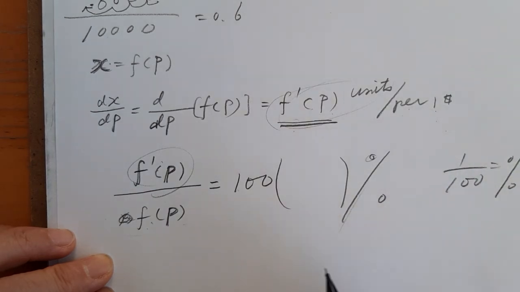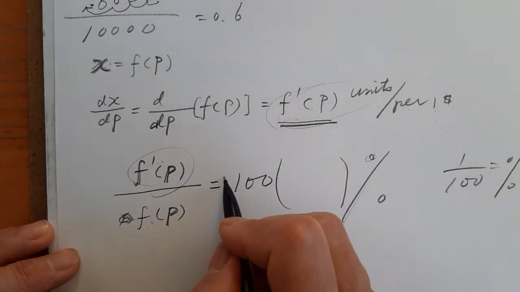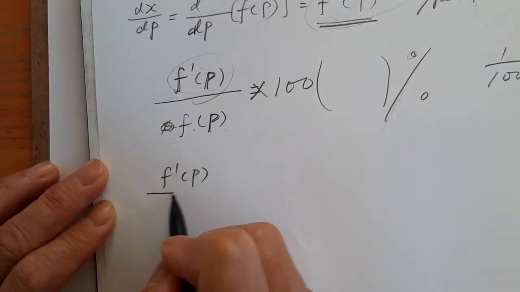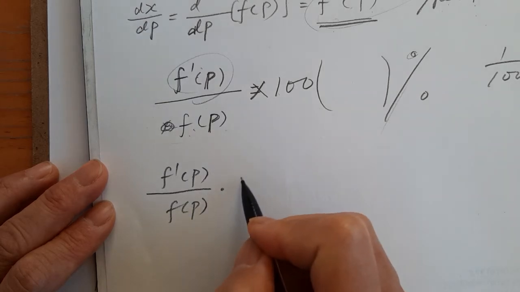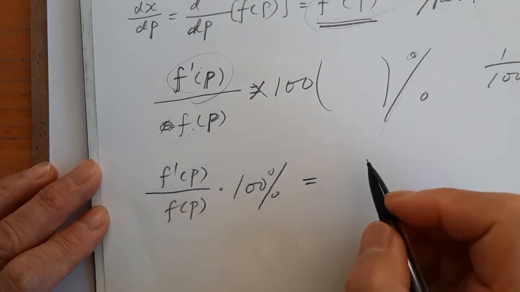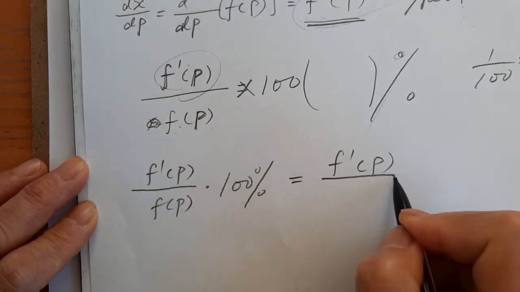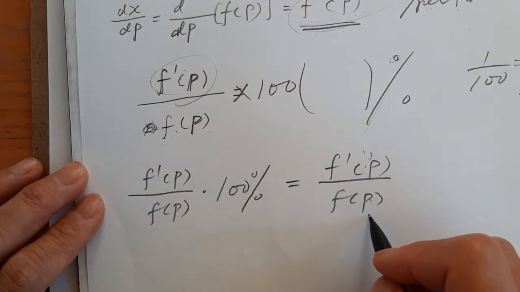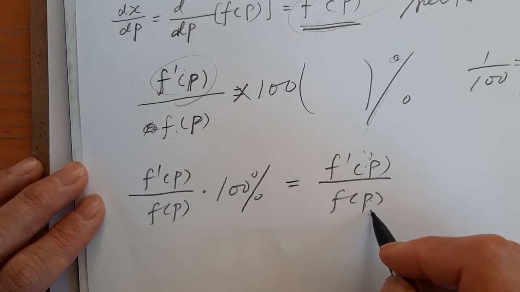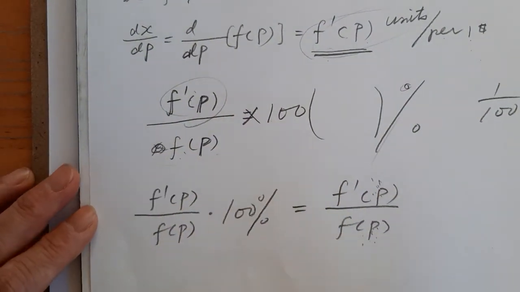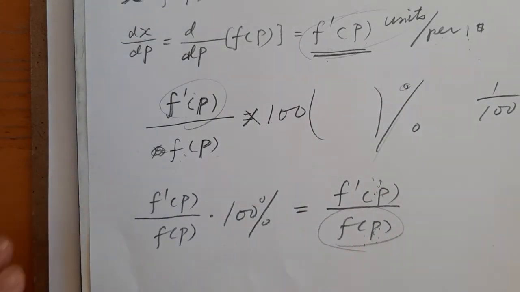This is a percent, which means you multiply by 100%: f prime of P over f of P. If you multiply by 100%, it is still f prime of P over f of P. This we call the relative rate of change. The relative rate of change of the function f is f prime of P divided by f of P.